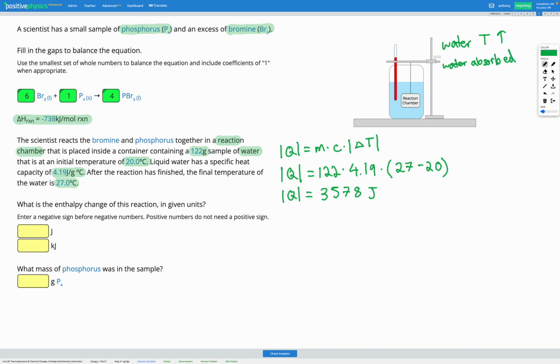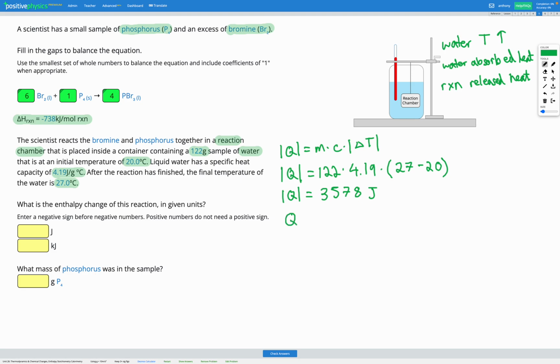If the water absorbed heat, that must mean the reaction released heat. So if the reaction released heat, that means it's exothermic, meaning we have a negative sign on our heat.